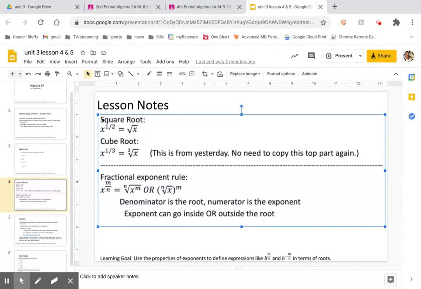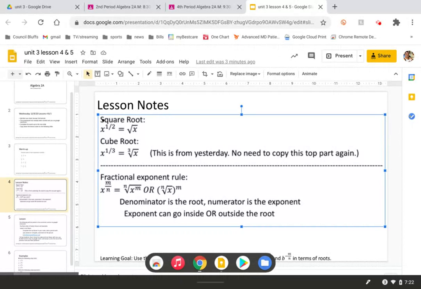So if your denominator is 2, it will be a square root. If your denominator is 3, it's going to be a cube root, so on and so forth. But the numerator is going to tell you what the exponent is, okay? And that exponent could go inside or outside the root.